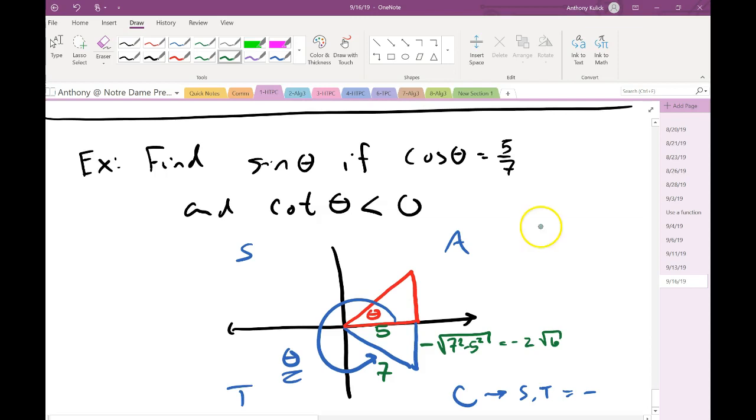So I can say then that sine theta is negative 2 square root 6 over 7. That's it.